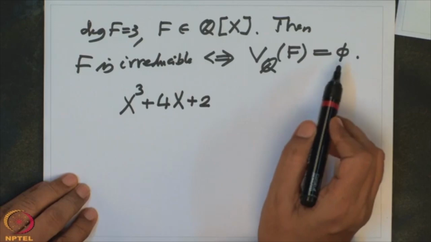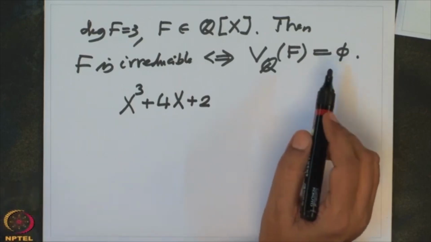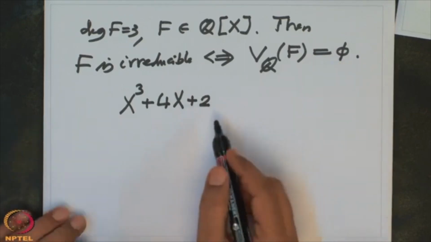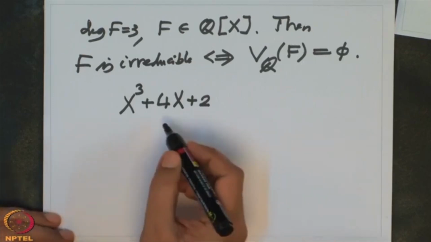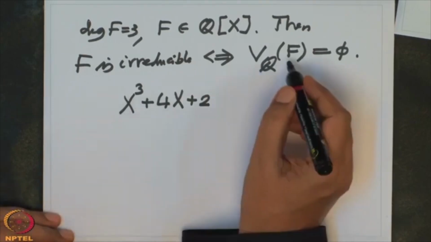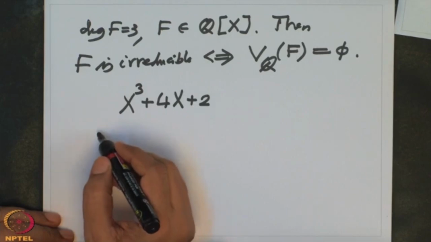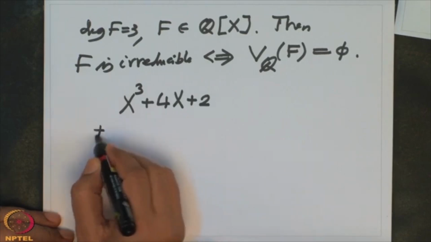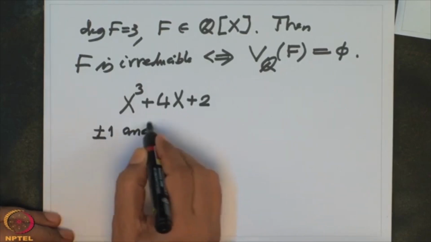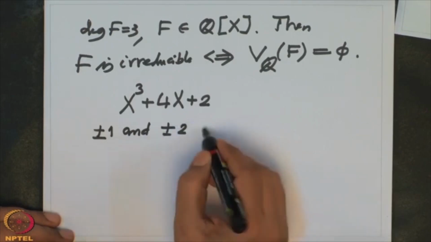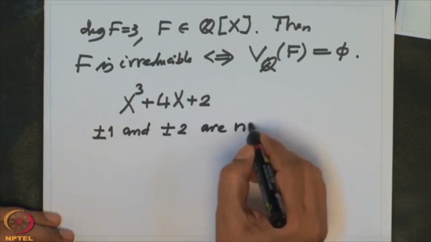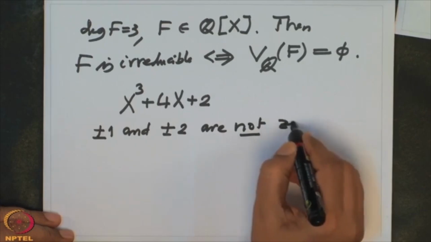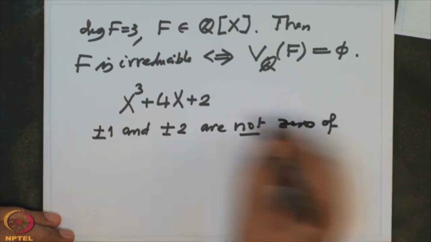And how do I check that? In general, it is easy to see that the only possibilities for a zero are plus or minus 1 and plus or minus 2.